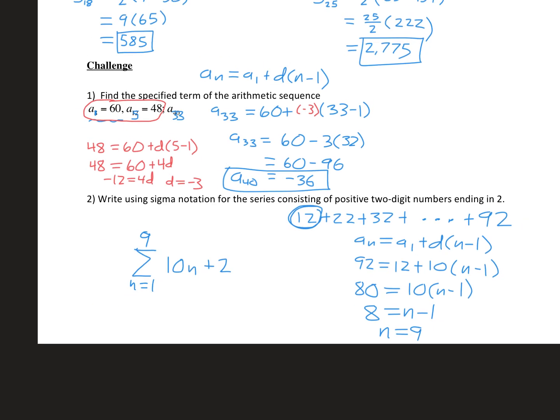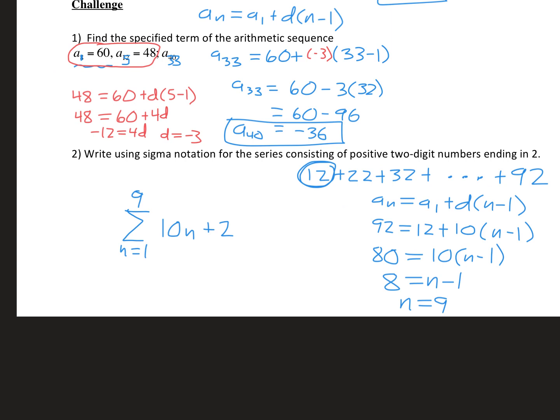Right, so that's one way. If you're not comfortable with that method, then you could also basically do what we did on number 1 in these notes. I'll just do it up here. You could try to write the equation. So it's an equals a1 plus d, which is 10, times n minus 1.